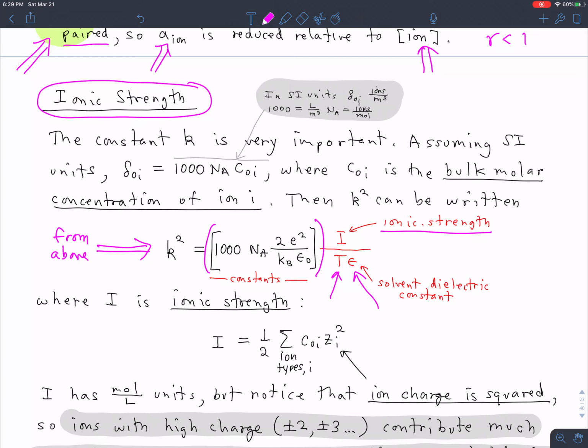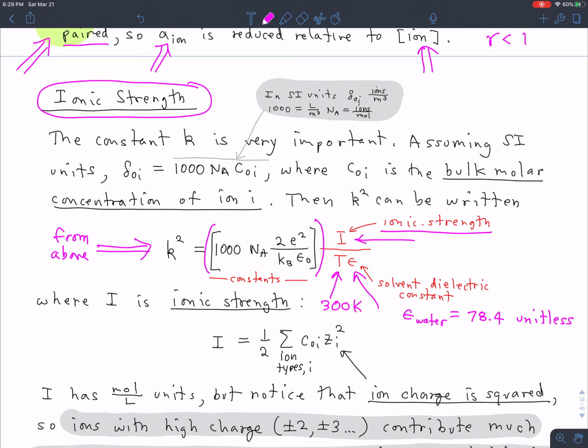You're almost always working in water, and that's 78.4. Unitless. Dielectric constants are unitless. And so we know the temperature is around 300 K usually.